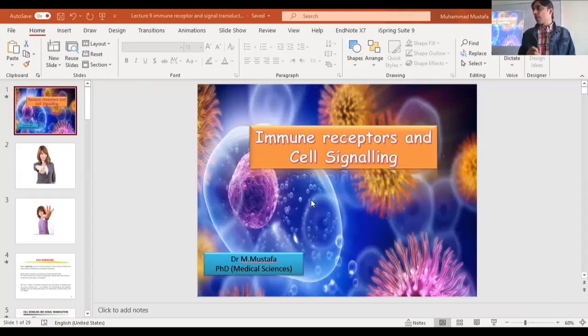That is called cell signaling. It's a separate topic, a separate course. But because of its importance, we have talked about certain signaling pathways as well.